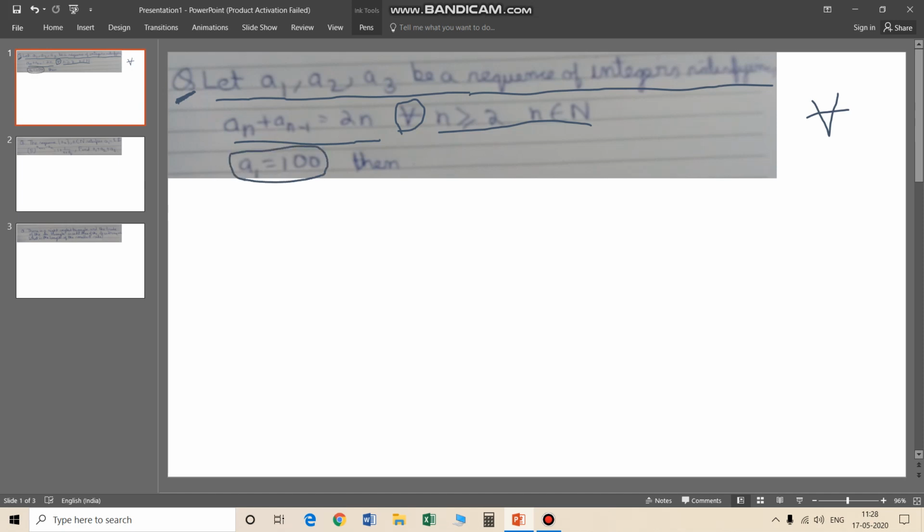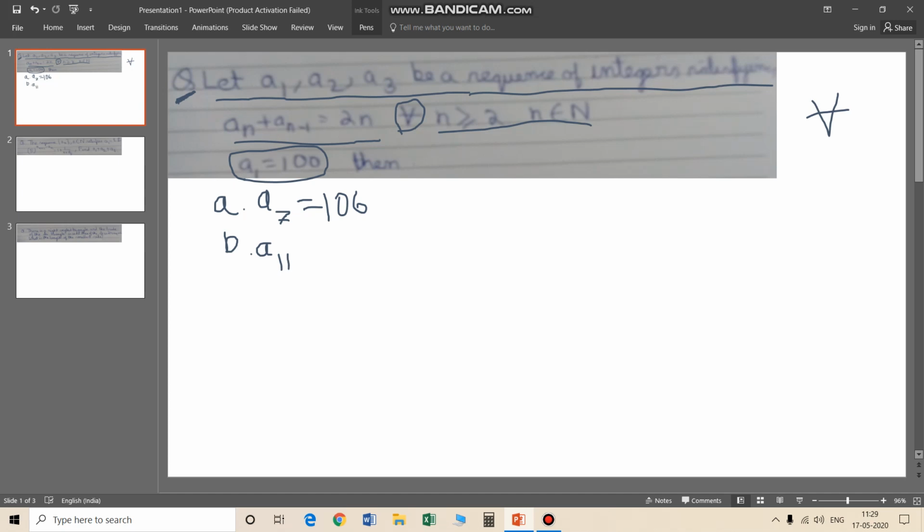Then we are given options, and we have to find what the conditions will be. The first option is A7. This is a multiple correct question, not a single correct one, and it is very important to note that.